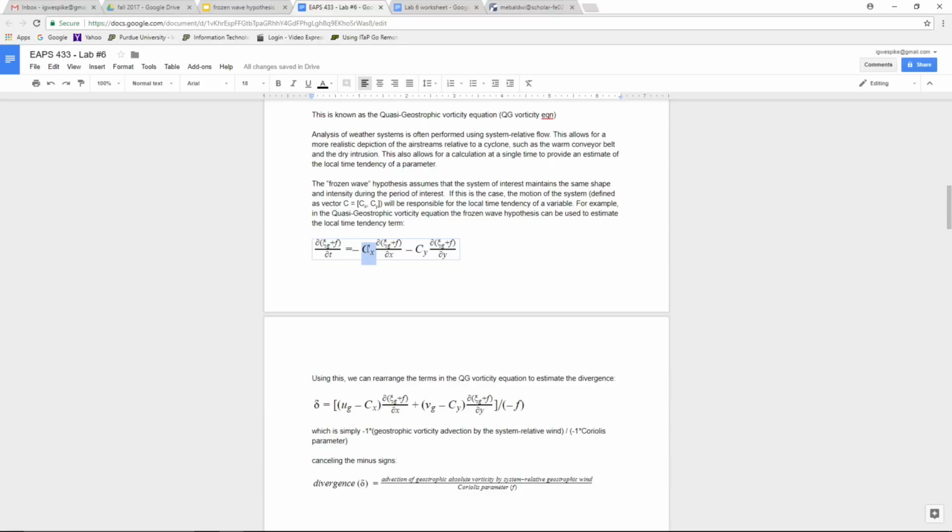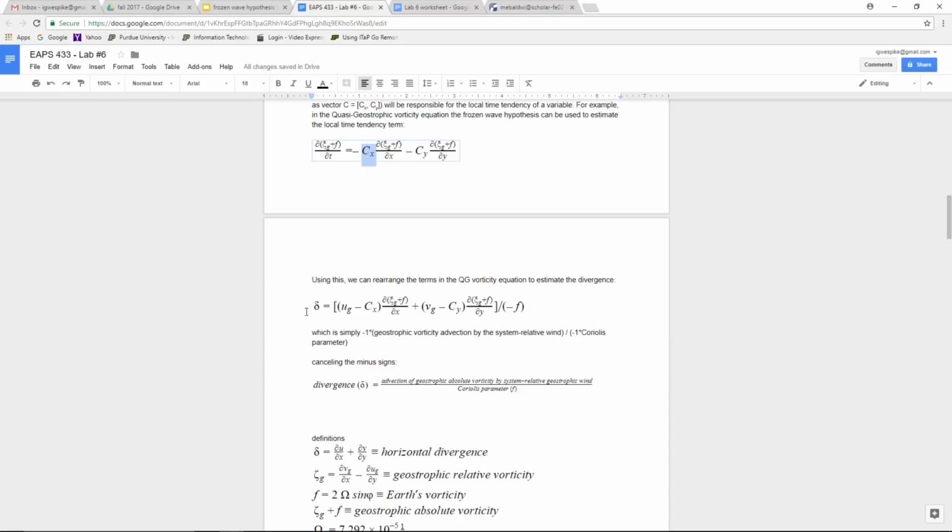And if we substitute that back into our equation, we can rearrange it and basically come up with an equation for the horizontal divergence, which I usually call lowercase delta, the Greek letter delta.